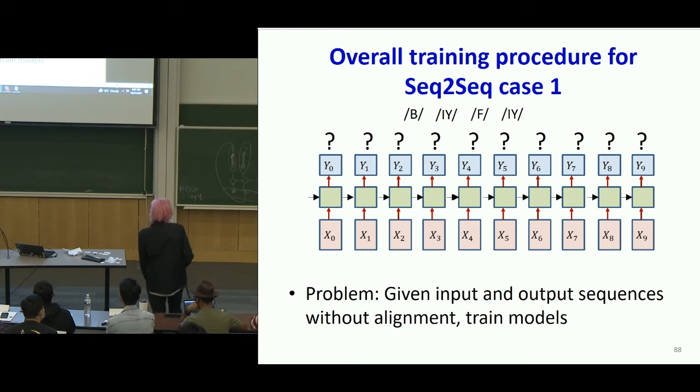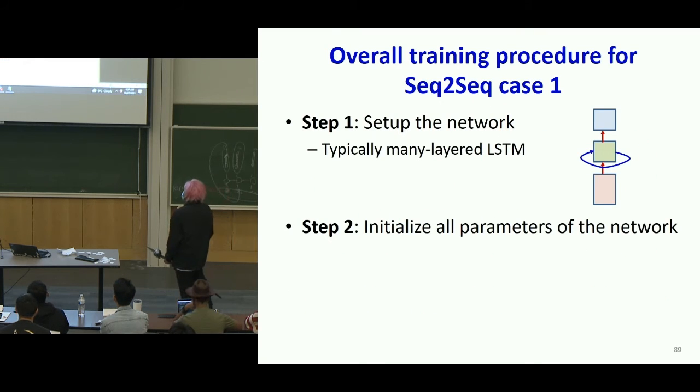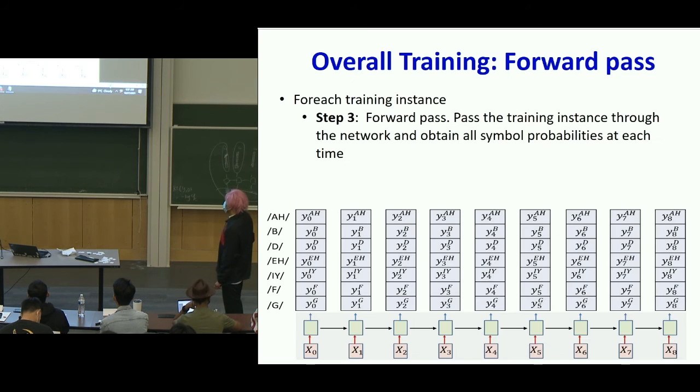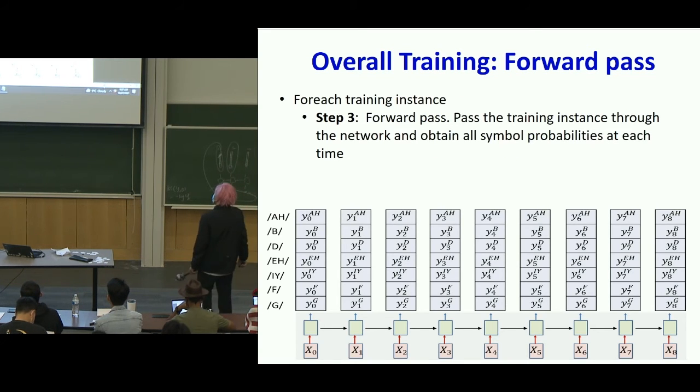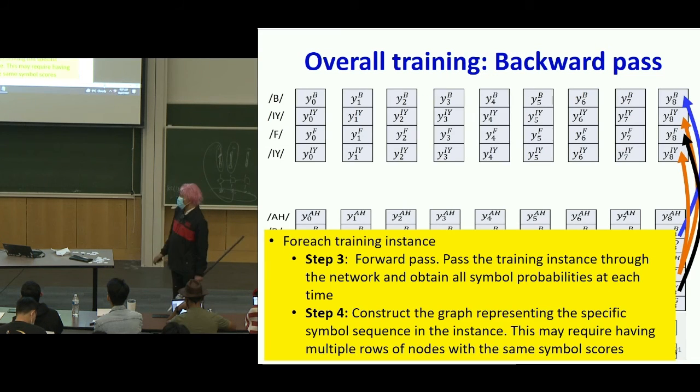So it's a lot of complicated looking explanation, but at the end of the day, it comes down to this. If you're given input and output sequences without alignment, and we want to train the models, here's what we do. We set up the network, typically a many-layer LSTM. We initialize all the parameters of the network. Then in the forward pass, for each training instance, you compute this entire probability table.